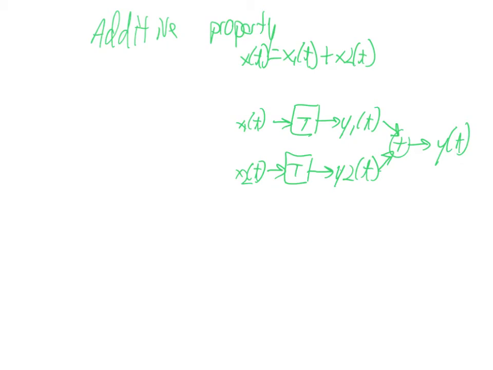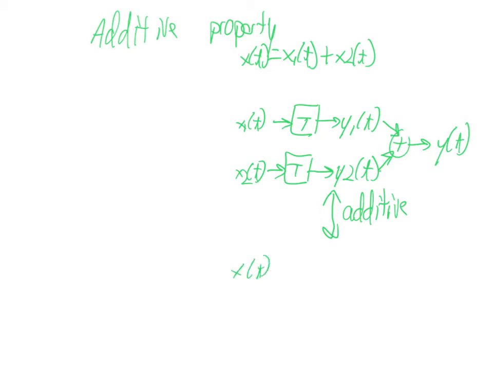Systems that obey the additive property follow this rule. If the system is additive, then considering the system separately for each part of the input and then adding the results together will give me the same result as if I did this in the opposite order, as if I first added the signals together.